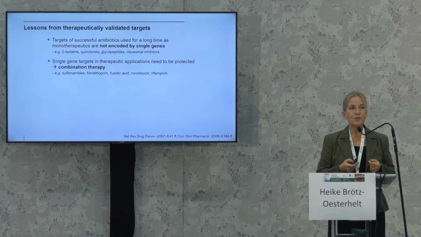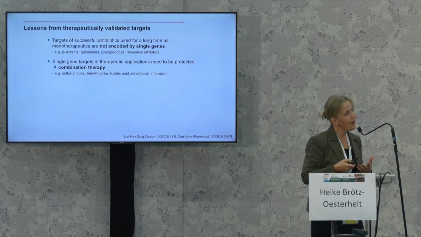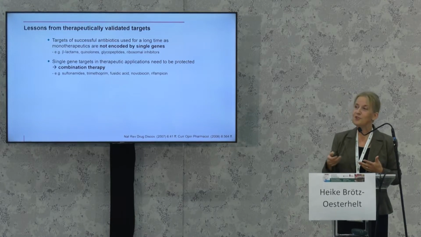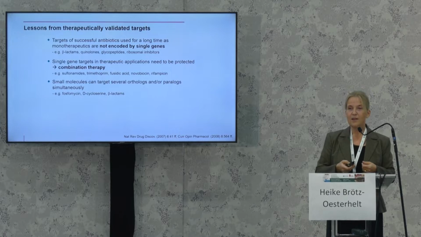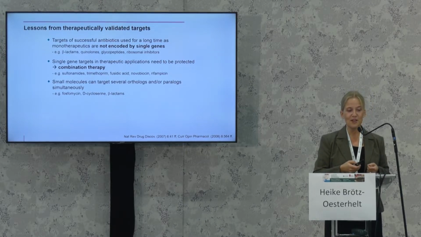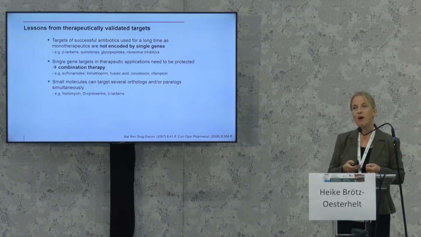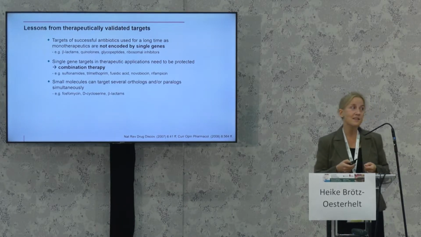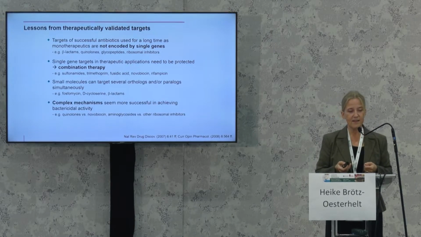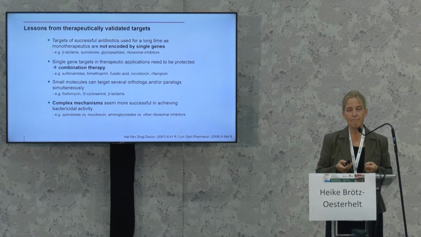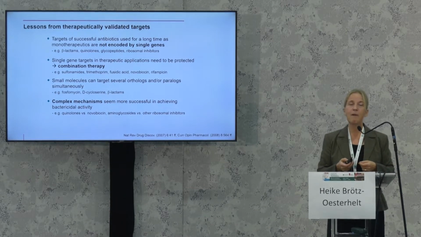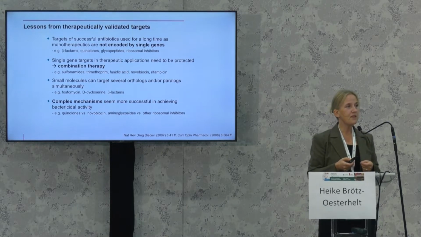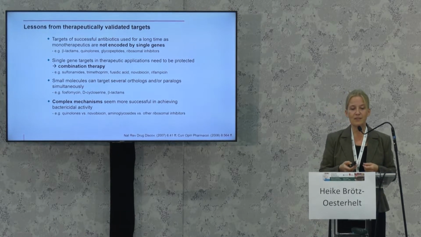There are, of course, compounds that we also use that bind to single gene targets, but you better protect them in combination therapy. We have also learned from fundamental research that small molecules can have polypharmacology. They can have more than one target. And yes, complex mechanisms, as I explained on the example of the aminoglycosides, are better at achieving disruptive, bactericidal mechanisms.